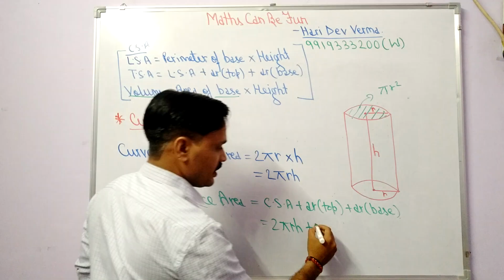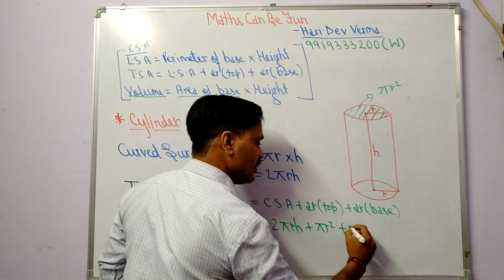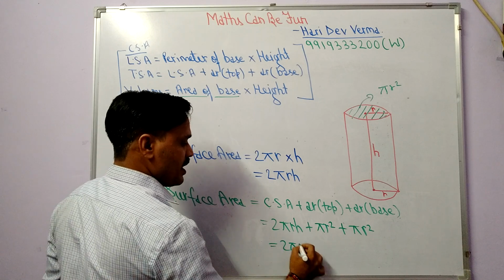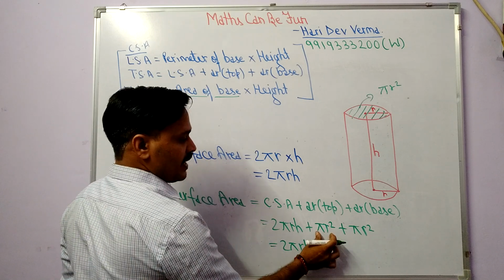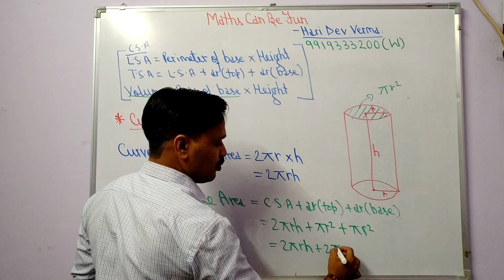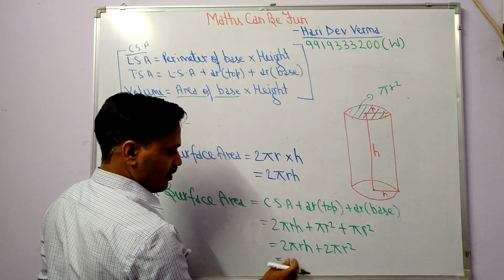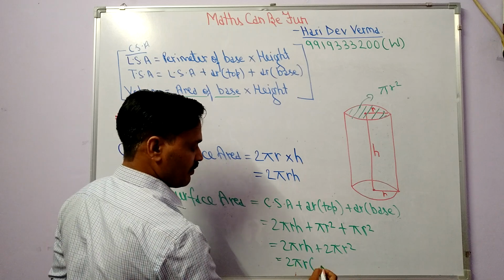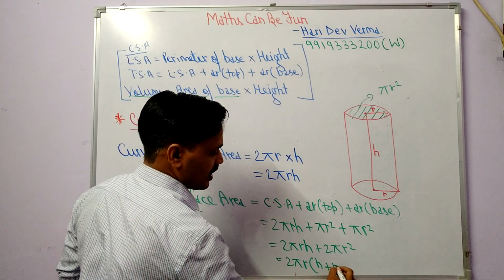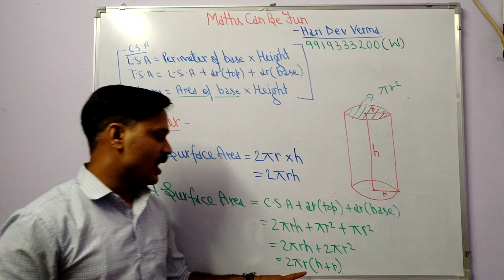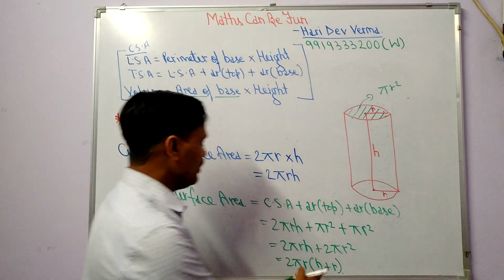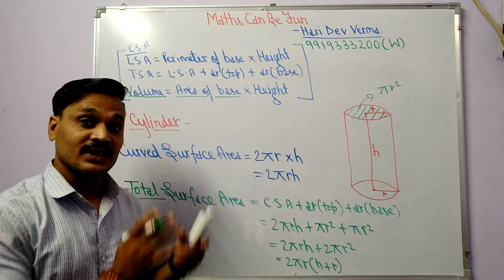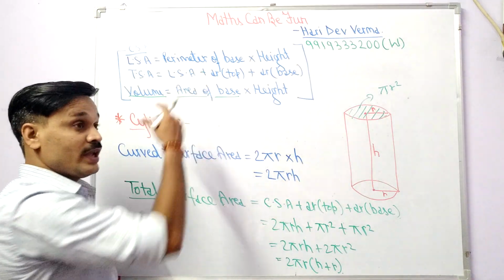So it is pi r square plus pi r square. Now 2 pi r h plus 2 pi r square: we take 2 pi r as common. What is left in the bracket is h plus r. So 2 pi r (h + r) is the total surface area of cylinder, and the concept is the same, the same logic.